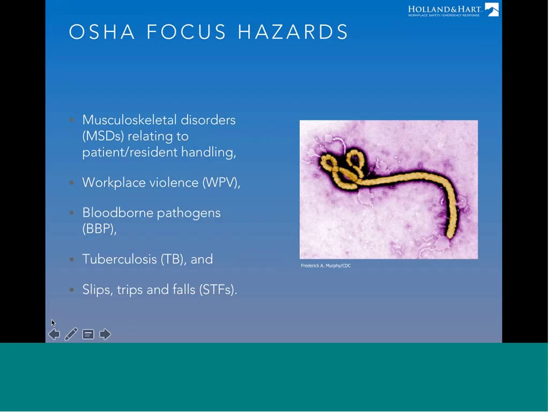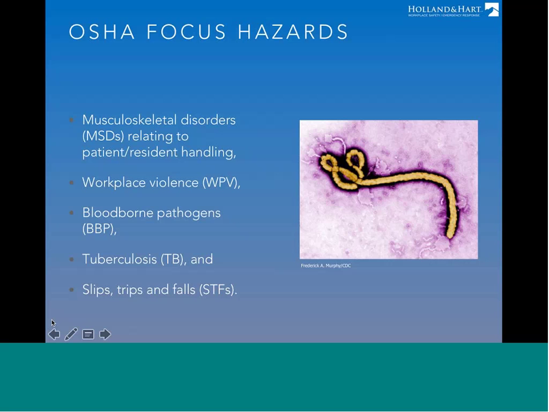They are not surprising. So we've got musculoskeletal disorders relating to patient or resident handling, workplace violence, which is a huge issue, and it continues to be an area of emphasis for OSHA. Bloodborne pathogens. I think the entire country is now keenly aware of the issues with respect to the Ebola outbreak last year, and the crisis that presented to hospitals across the country in terms of trying to protect their staff.